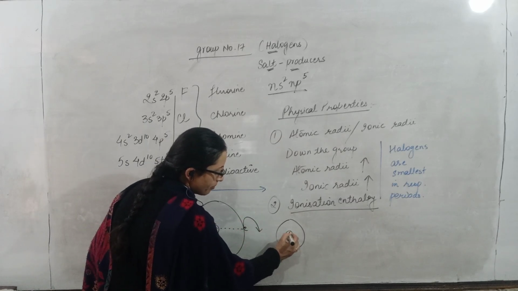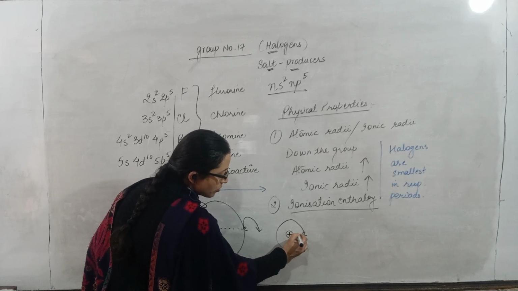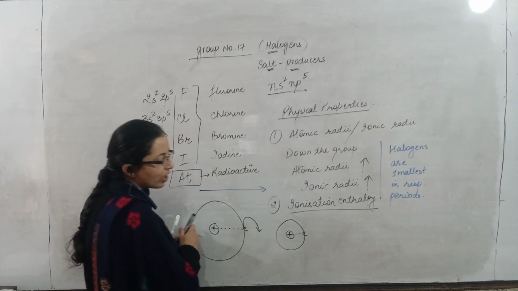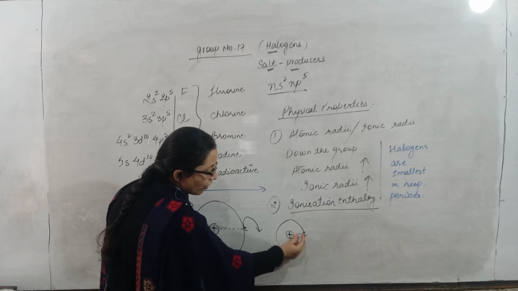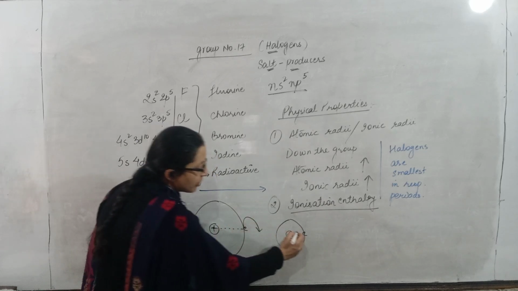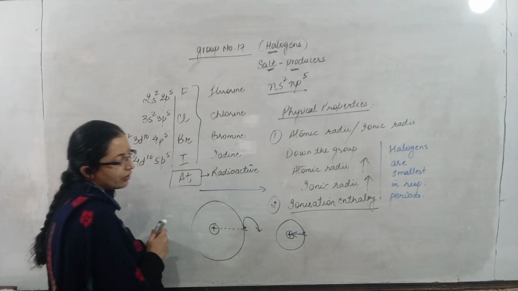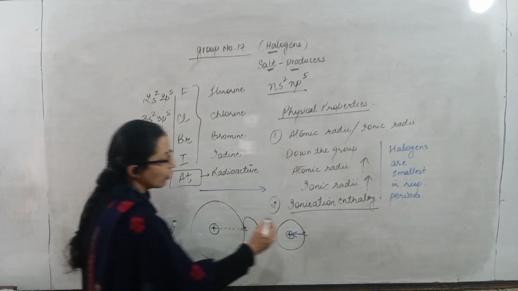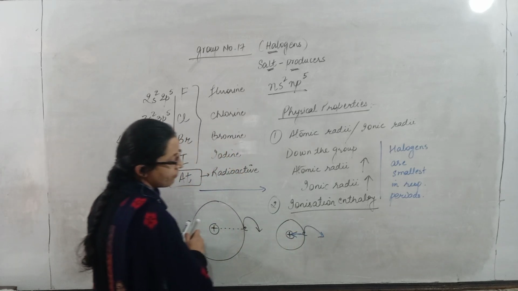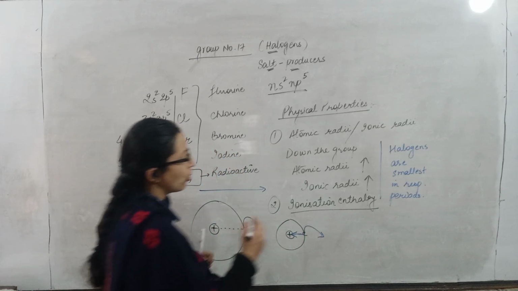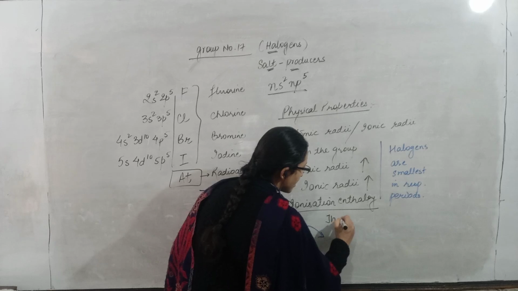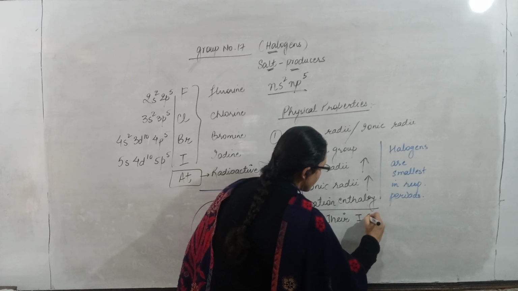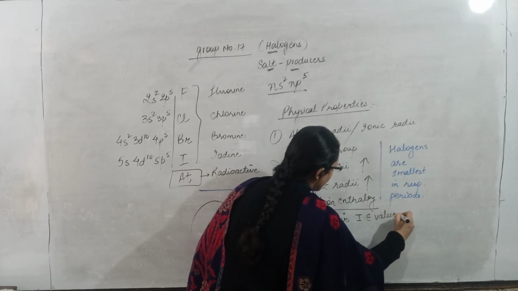But if the size is small, the distance between nucleus and the outermost shell electron is less. Then there will be a strong force of attraction from the nucleus, and it will be difficult to remove the outermost shell electron. So because of smaller atomic radii, their IE values are high.